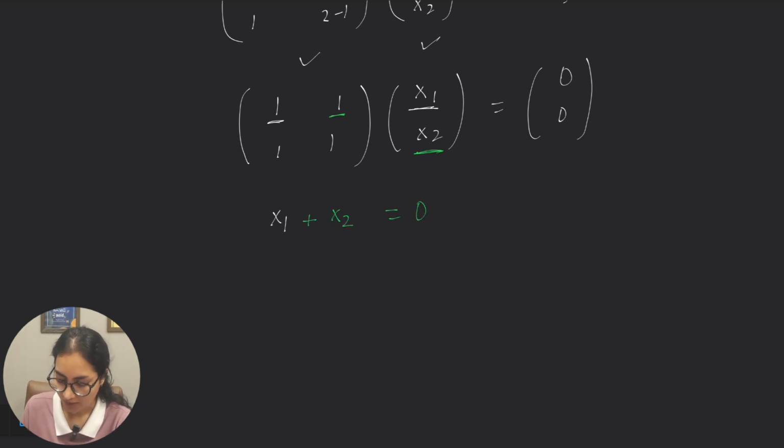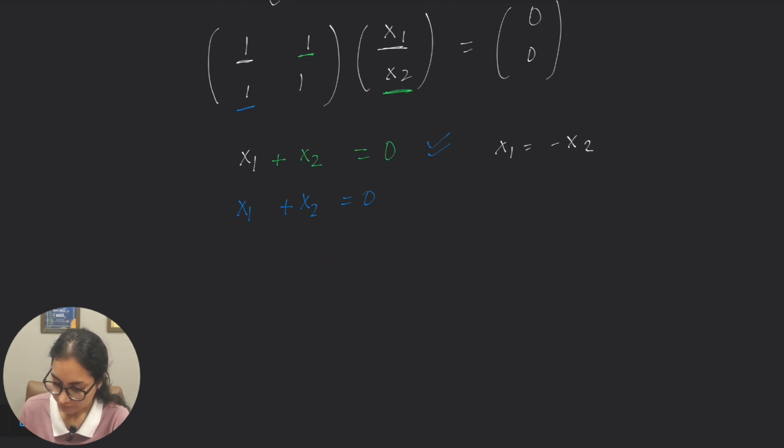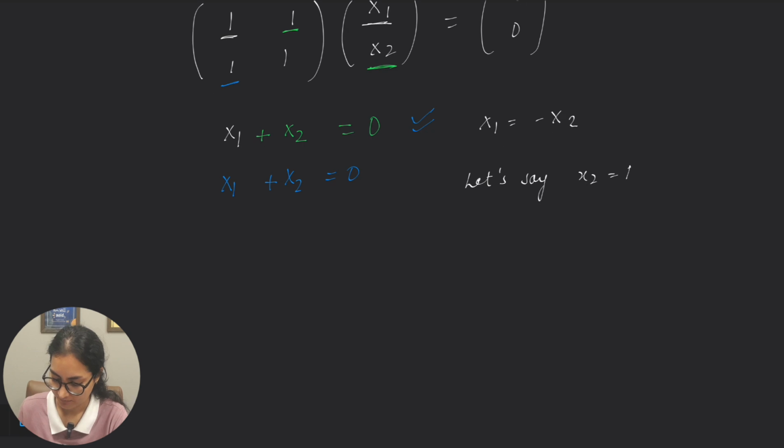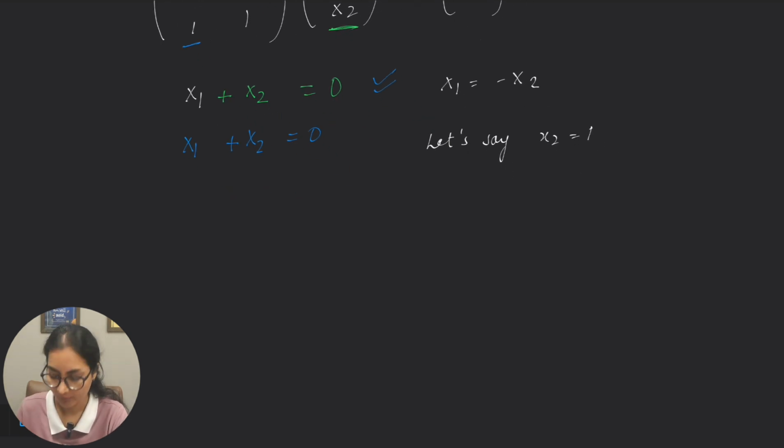And on the right hand side I have equals 0. From the second equation I'll get the same result, a redundant equation, an extra equation which is not helping me. It happens, but it's okay. So x1 equals minus x2. We have to choose the least number. Let's say x2 is 1.